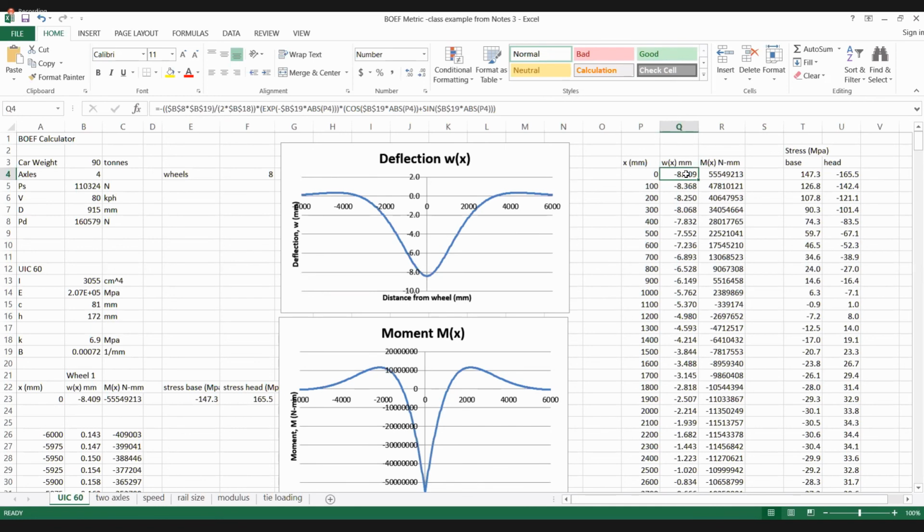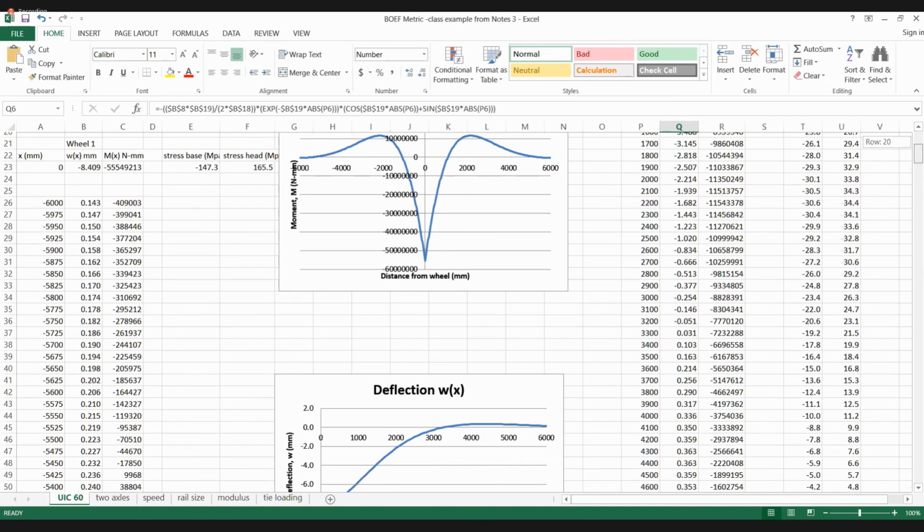So anyway, by putting it in the spreadsheet, now I can order, so this is automatically W of 0, which, by the way, you can see I cross-checked over here. W of 100 millimeters, W of 200 millimeters. This is the plot. You can see at roughly X equals 4,000 millimeters.